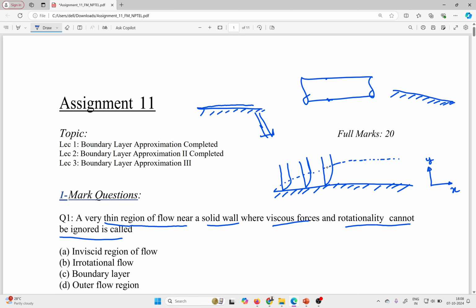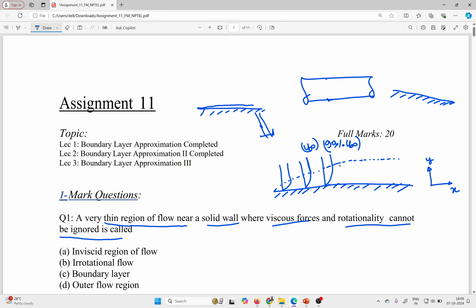So the boundary layer is nothing but the extent up to which your velocity is varying. After that your velocity is almost equal to the free stream velocity, that is 99% of your U infinity. U infinity means your free stream velocity.